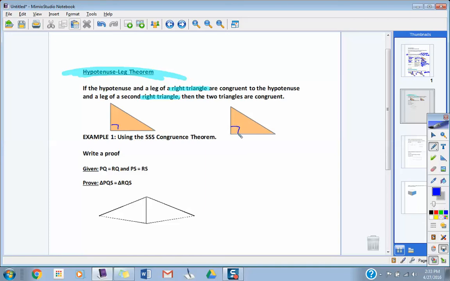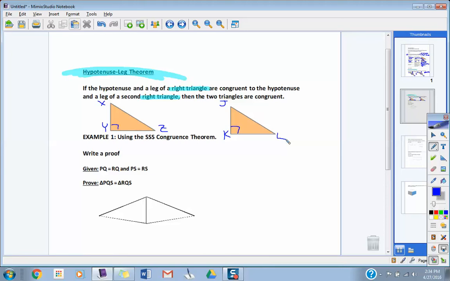Okay. I don't care what we call this, X, Y, Z maybe. And call this maybe J, K, L. Okay. So a hypotenuse and a leg, all right?